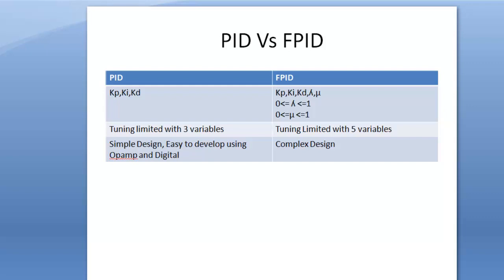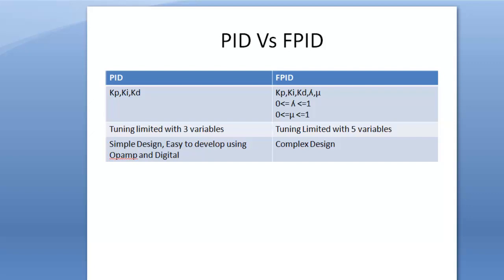But in the fractional order PID controller we have more values, so we need to concentrate on the design. The PID controller is also easy to design in the op-amp section, that means in the analog domain. I think most processes use only a PID controller. But FPID has 2 additional parameters, so it gives more efficient control, but compared to PID it is more complex to design.